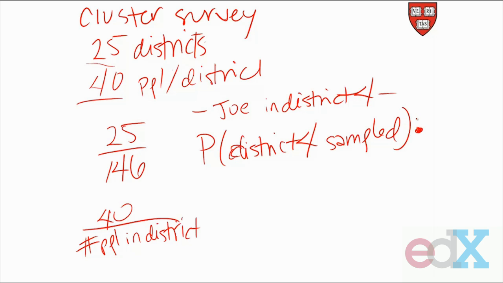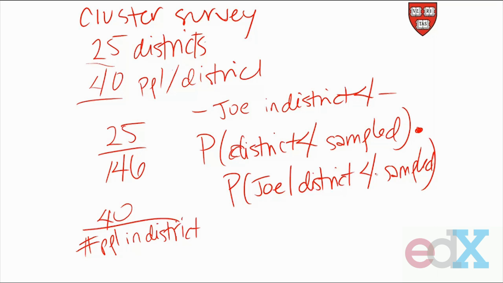And then we multiply that by the probability that Joe gets included, given that District 4 is included. And so I have the probability that District 4 is sampled times the probability that Joe is sampled given that District 4 is sampled. And we know that this should just in general be the probability that Joe, who lives in District 4, gets sampled.